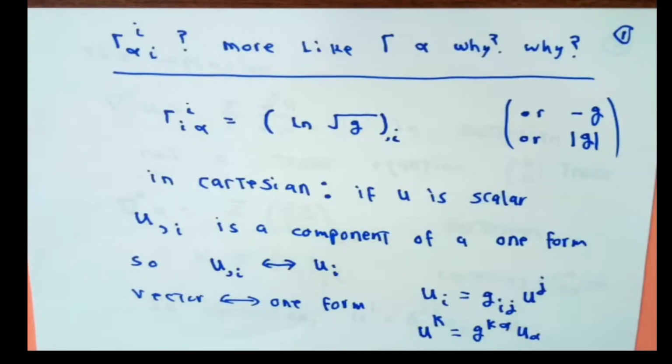So very often, instead of writing u comma i, I'll just write u sub i with the understanding that it's the gradient one form. We have ways of turning vectors into one forms and one forms into vectors by using the metric, as we've seen in the first semester as well.